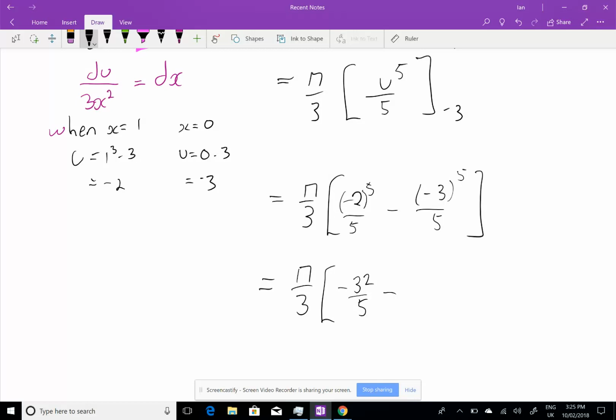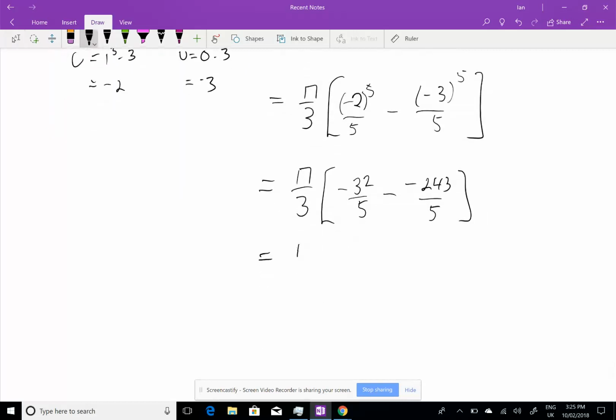I know 3 to the 4 is 81, so 3 to the power of 5 is 243, minus 243 on 5 plus 32 is, minus 32, 211, which gives me pi on 3 times 211 on 5, which gives me 211 pi on 15 units cubed, which is the right answer. Hooray!